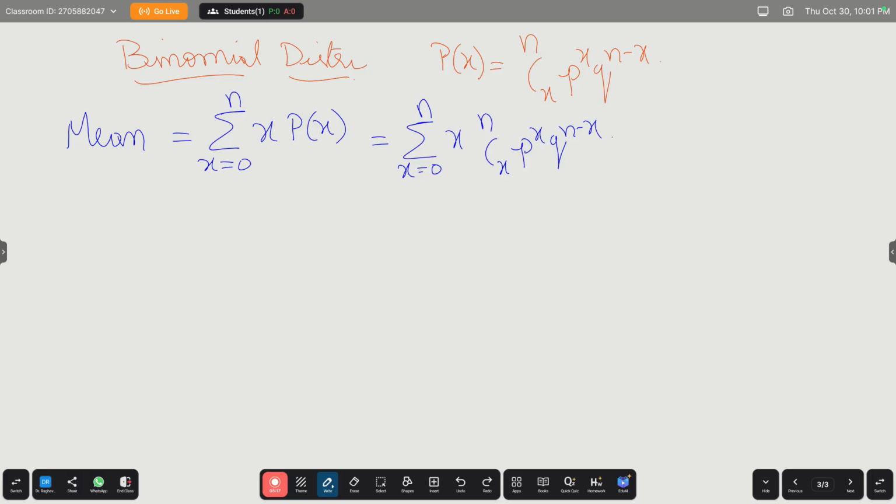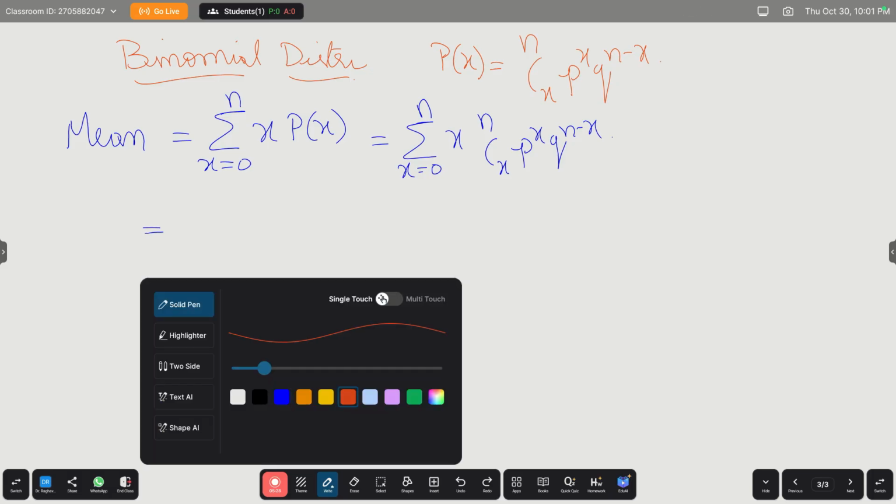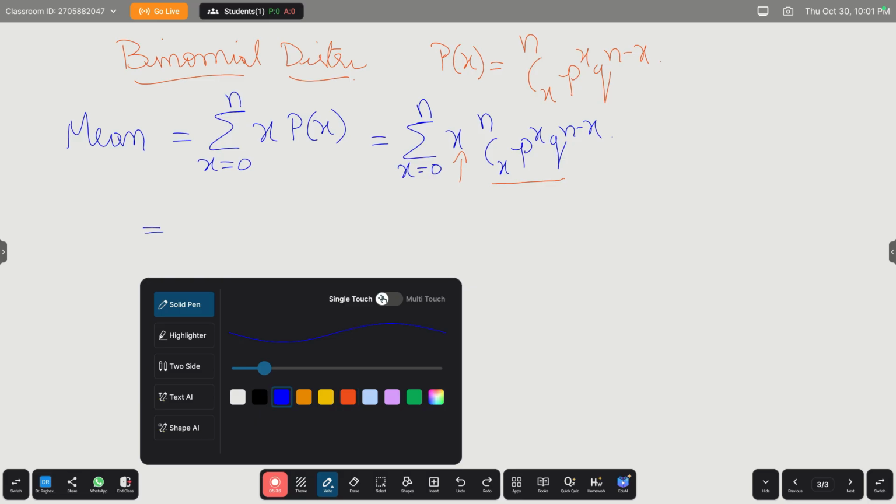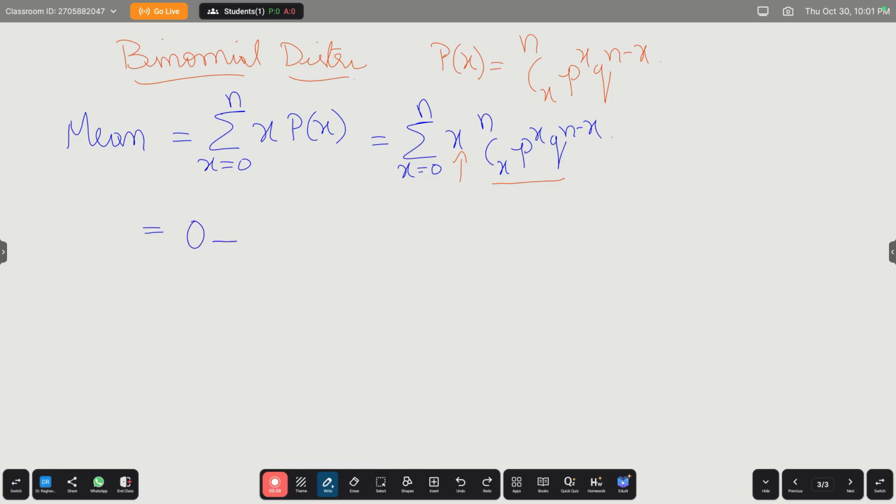Now x is running from 0 to n. Let me expand that summation. Let me start with 0. When I put x equal to 0, in place of x I am writing 0, and whatever may be the value of the rest, the term is going to be 0. So the first term will be 0, plus the next value of x is 1.